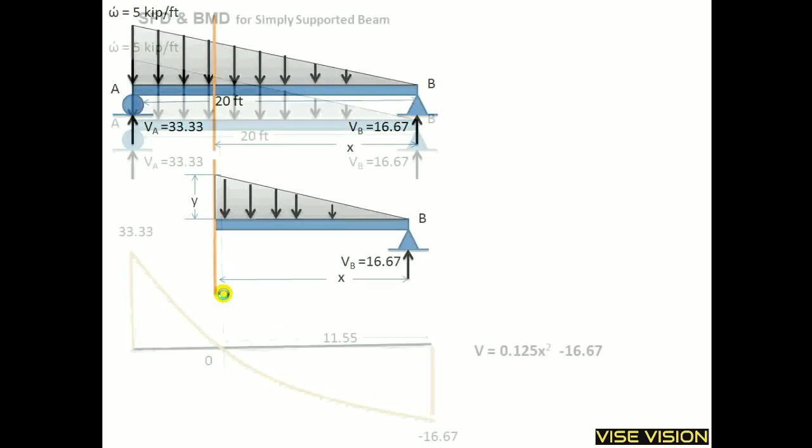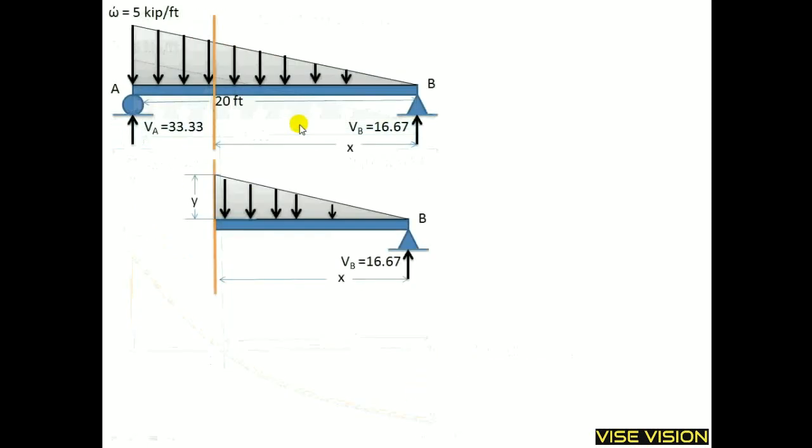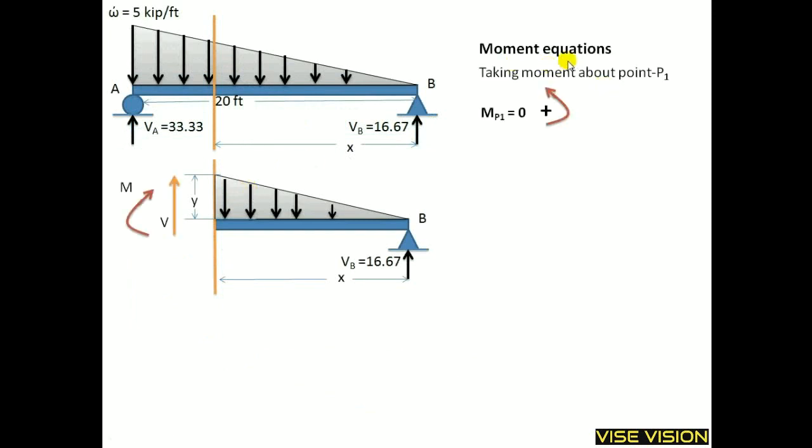And this is my equation for the shear for this UVL, and now I will make the equation for bending moment. For bending moment, take the moment about point P1. This is my point P1. I will take the moment about that point, taking counterclockwise moment as positive and clockwise moment as negative. This M is a clockwise moment about point P, so it is taken as negative.